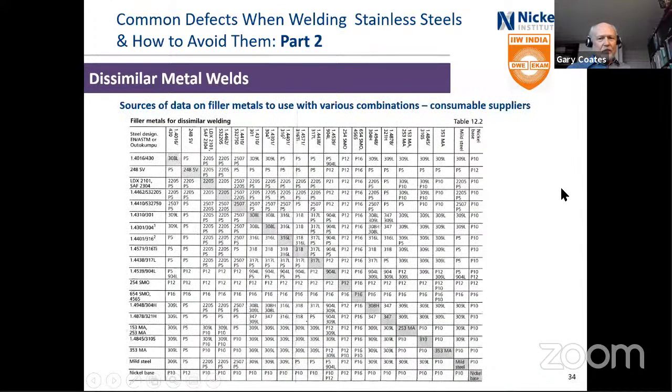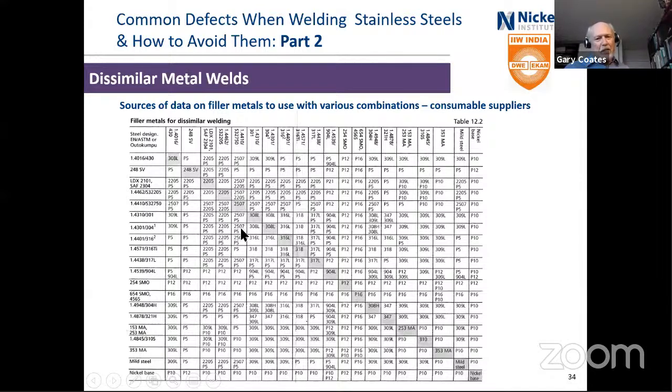This is another one from one of the consumable suppliers, and again, sometimes they'll give one or two possible choices there, but in many cases, there are 3 or 4 choices. So generally, you can't go wrong with these.